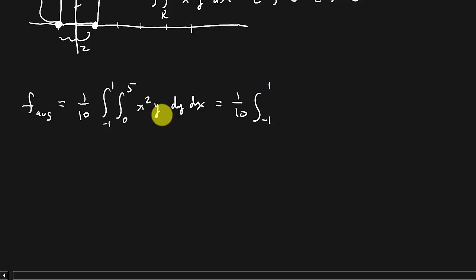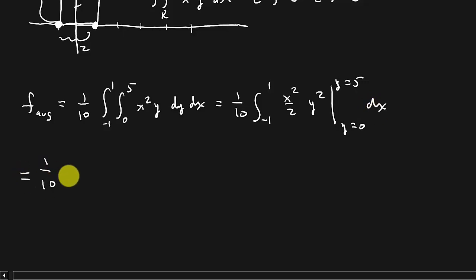So this is going to give me 1 over 10 from -1 to 1. And I'm integrating with respect to y. So what's the antiderivative of y? That's going to be y squared divided by 2. So that's going to be x squared over 2, y squared, from y equals 0 to y equals 5, dx. And so this is going to give me 1 over 10, -1 to 1, x squared over 2 times 5 squared minus 0 squared dx.